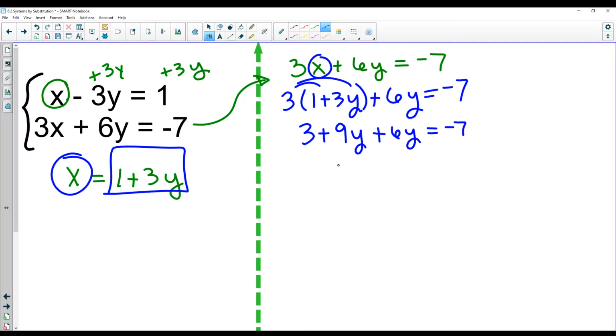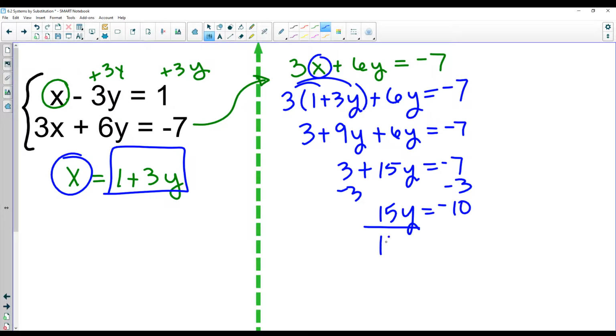And then combine like terms. And subtract 3 on both sides. And divide by 15. Right? So we could write this as about 2/3.